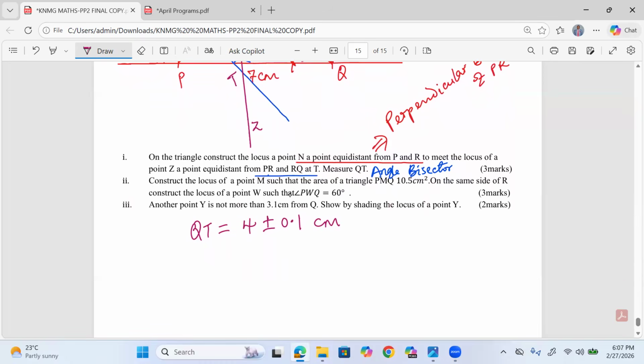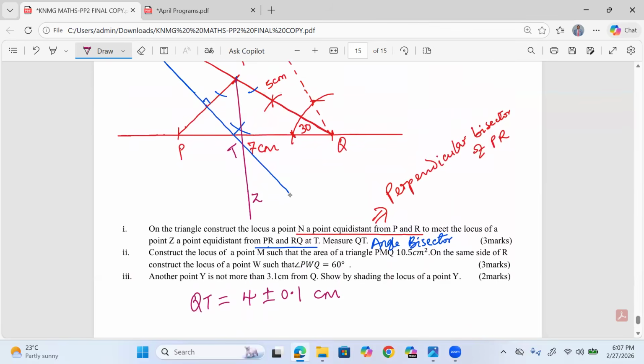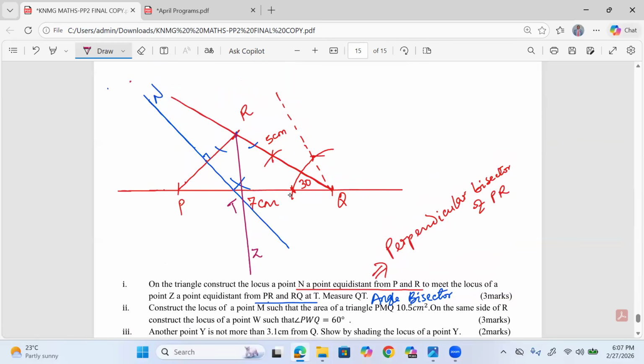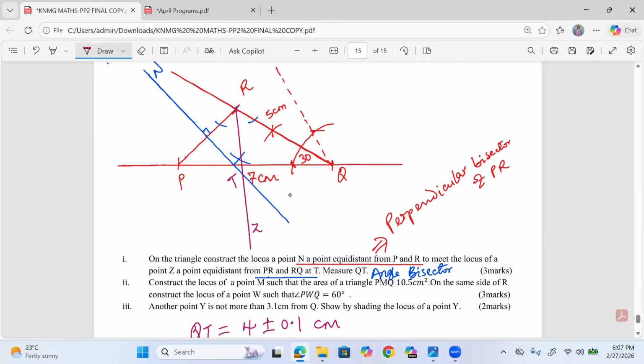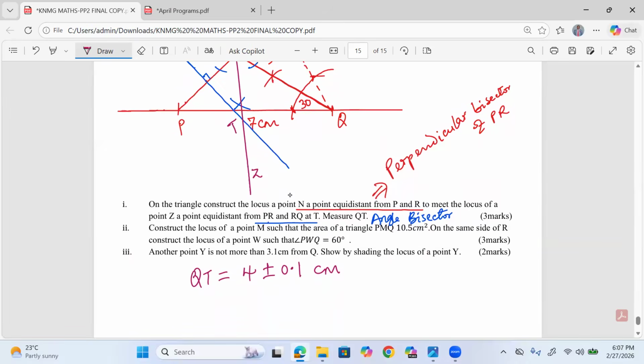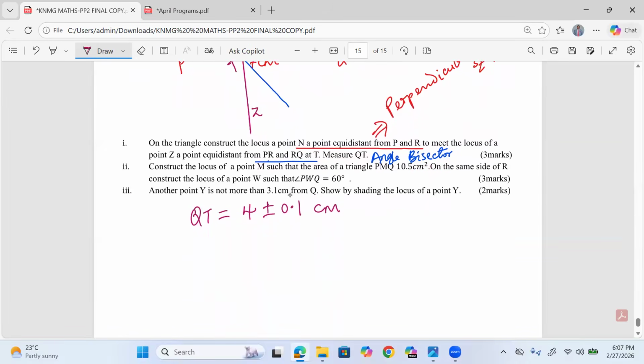So when we are talking about area of PMQ, now M is a point such that the triangle PMQ will have an area of half times a base of 7 times a known height.